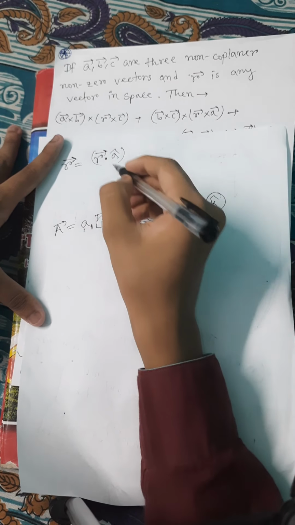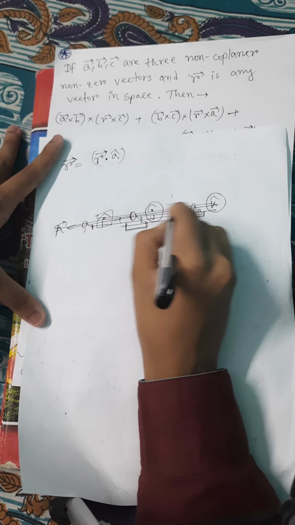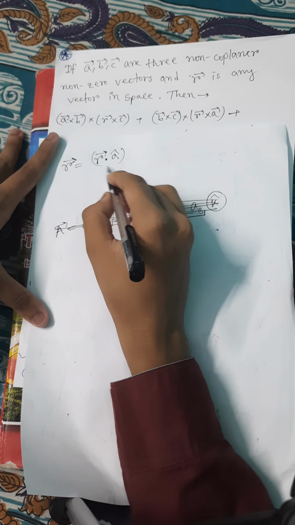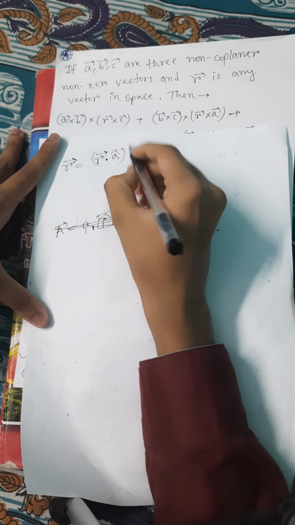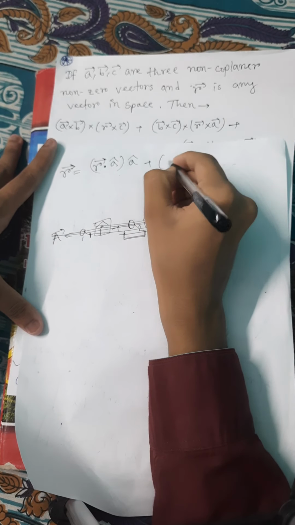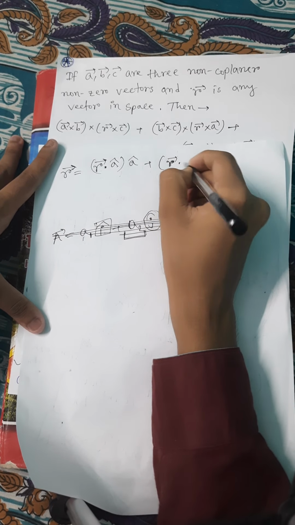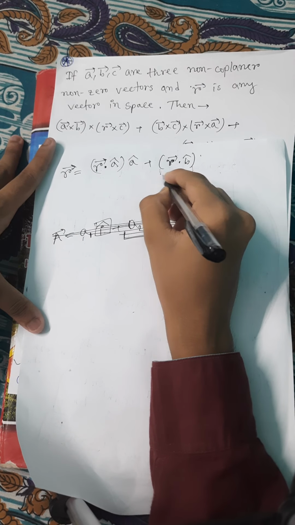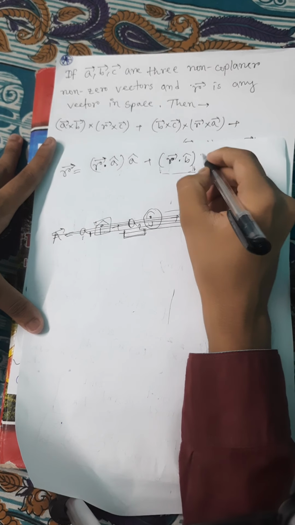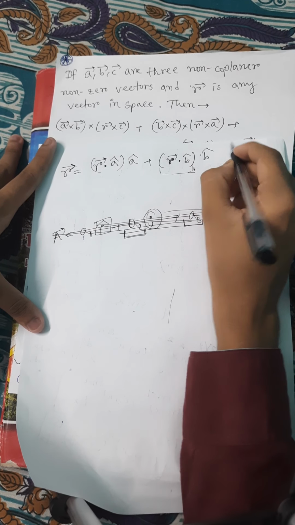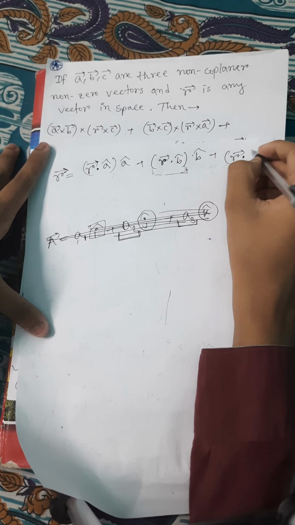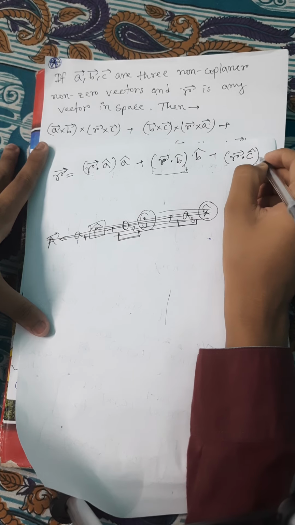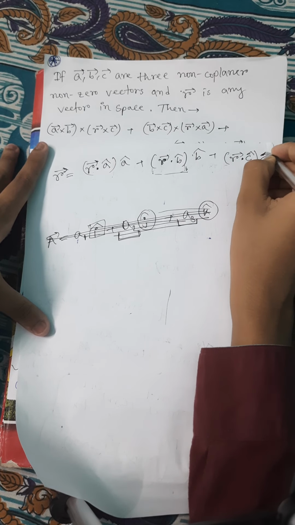Similarly here, R dot A cap is the scalar component of R along A direction, into A cap, plus R dot B cap, the scalar component along B direction, into B cap, plus R dot C cap, the scalar component along C direction, into the unit vector C cap.